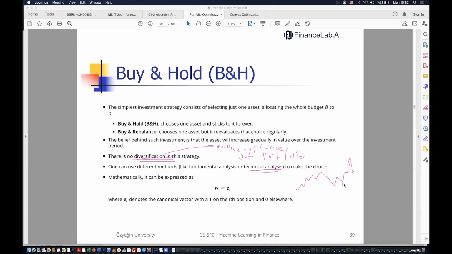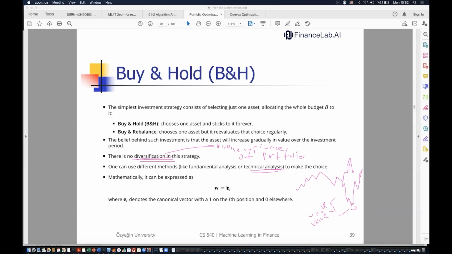But if you think that the asset price goes too low, then you think that the asset is undervalued, so the price is not reflecting the correct price. Once you detect an asset is undervalued, then you buy the asset, assuming that it will revert back to its original or correct price.